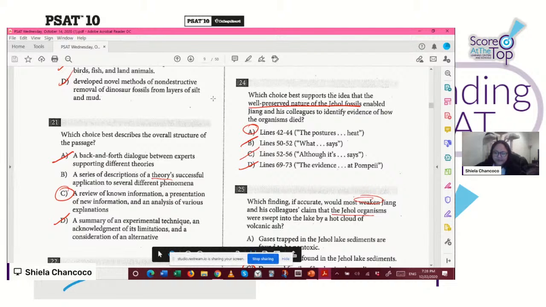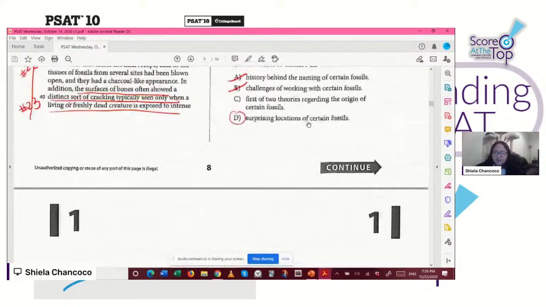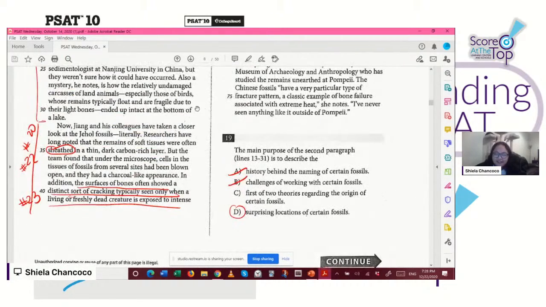All right, 24. This one's a standalone evidence question. Our anchor here is the well-preserved nature of the Jehol fossils enabled Jiang and his colleagues to identify evidence of how organisms died. Okay, so where were they talking about investigating the fossils? It's in the third paragraph, right?